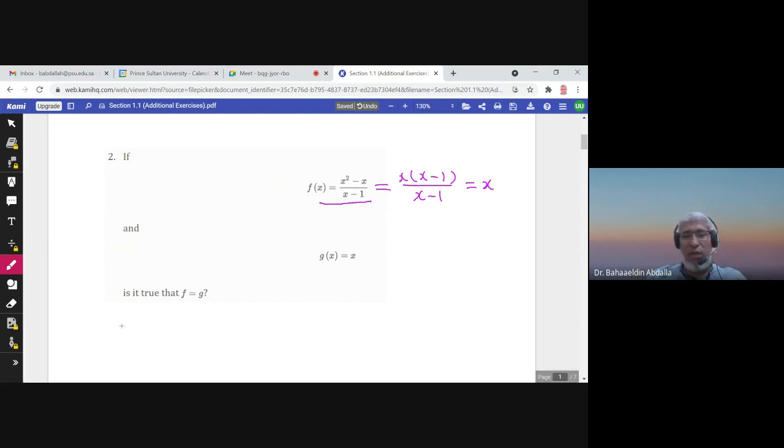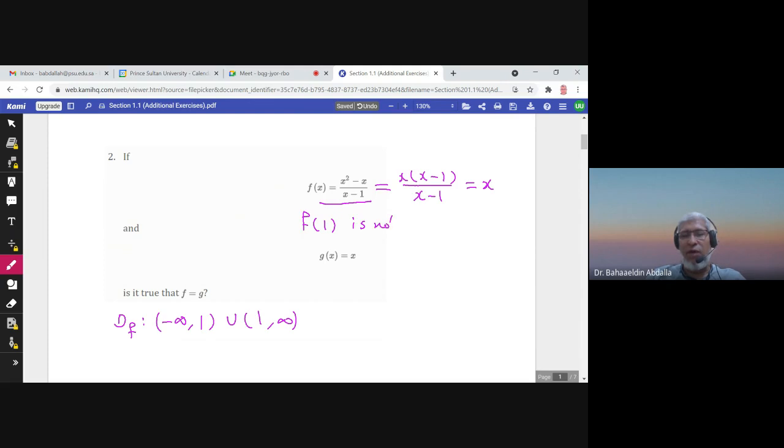So if we find the domain of f, it would be all real numbers except 1, because 1 makes the denominator 0. So the domain of f would be from negative infinity to 1, union 1 to infinity. This means f of 1 is not defined.